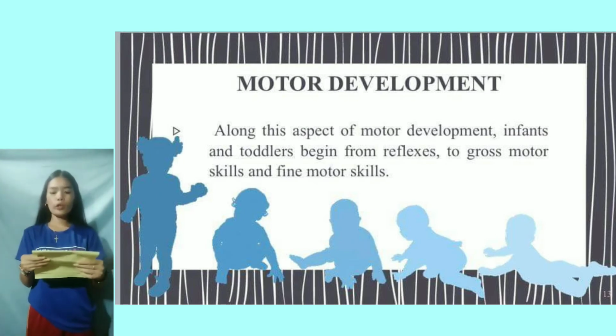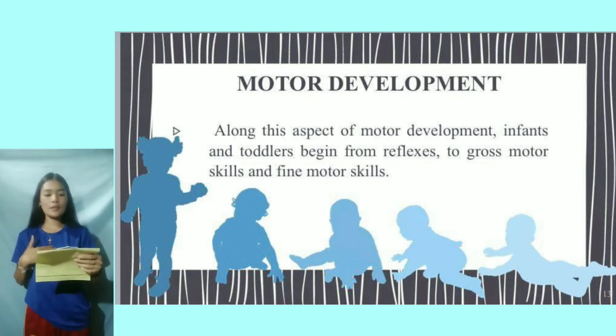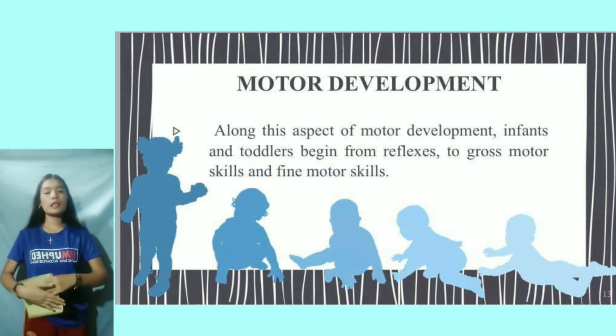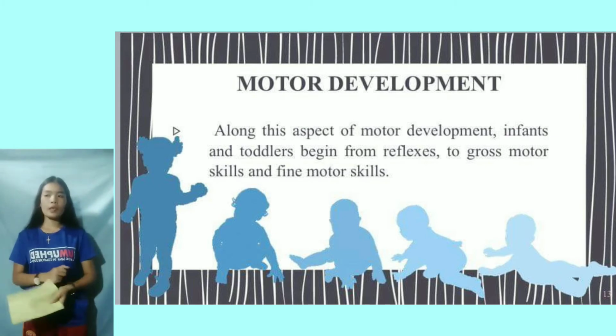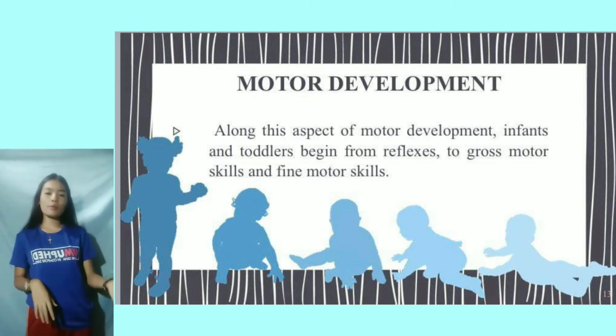Along this aspect of motor development, infants and toddlers progress from reflexes to gross motor skills and fine motor skills. Since we already tackled gross and fine motor skills in our first year, what is gross motor skills?